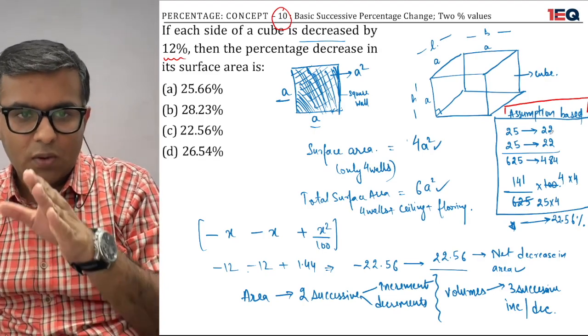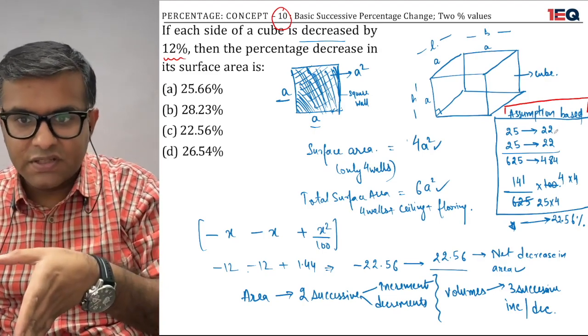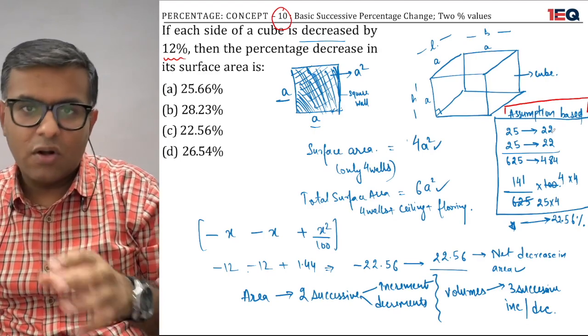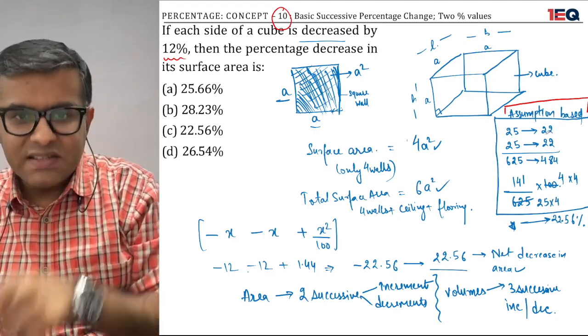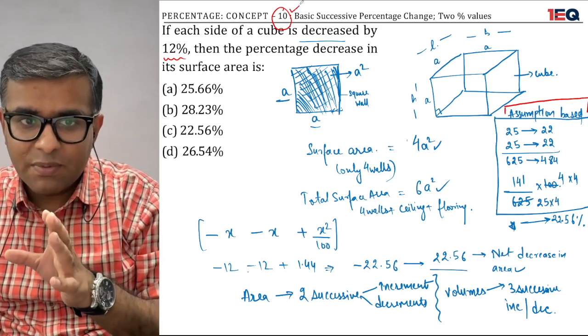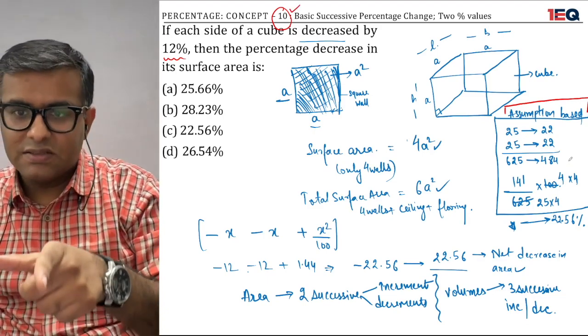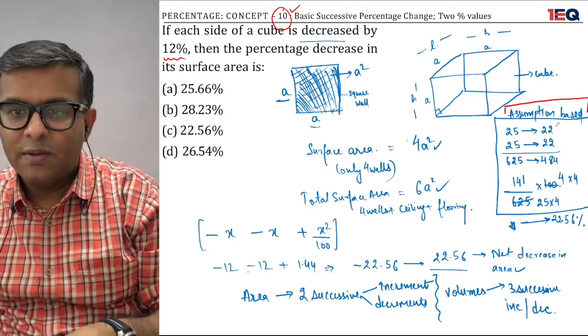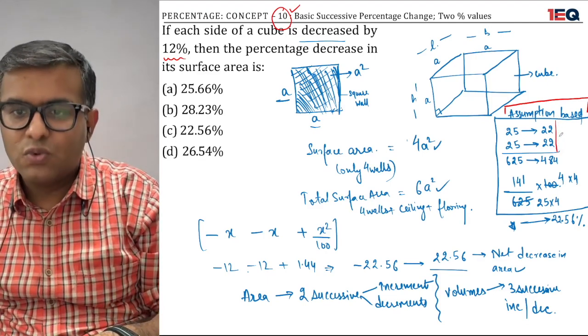the students who are watching this particular video for the first time, no matter if you subscribe or not, no matter if you like me or not, please go to the video which says percentage concept chapter number 10. Learn this assumption based method and apply it using 100.